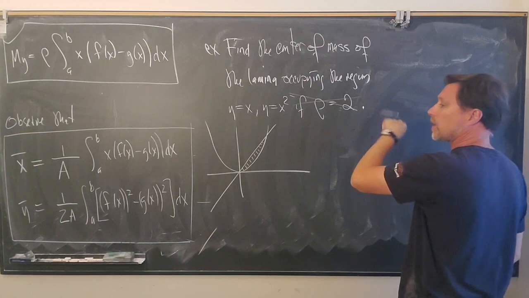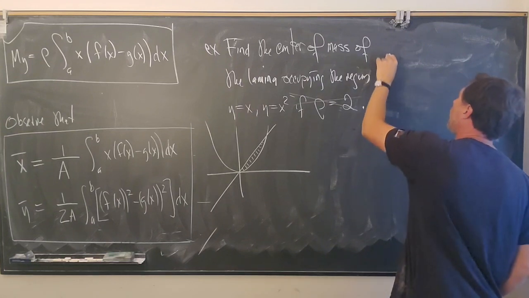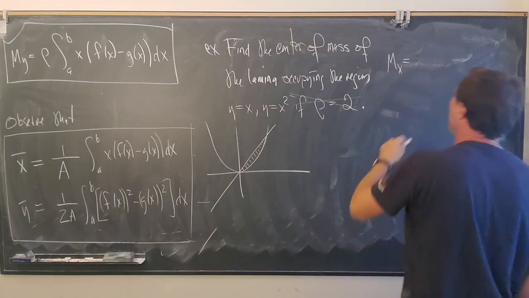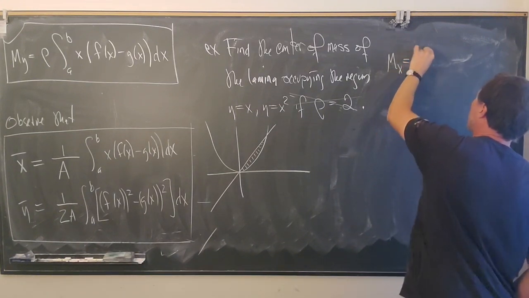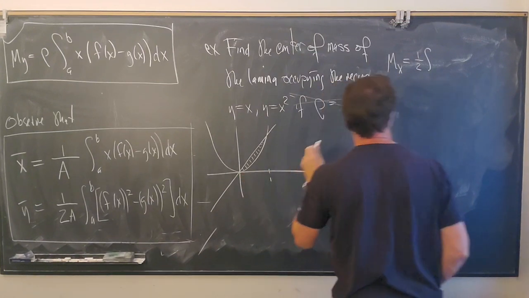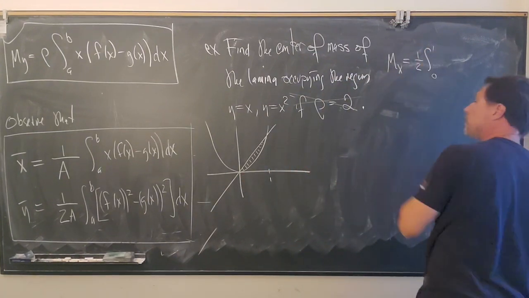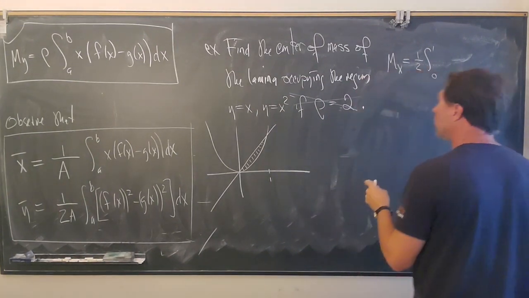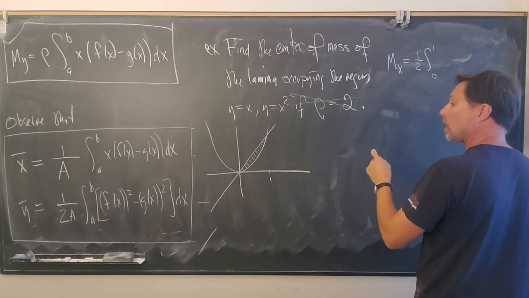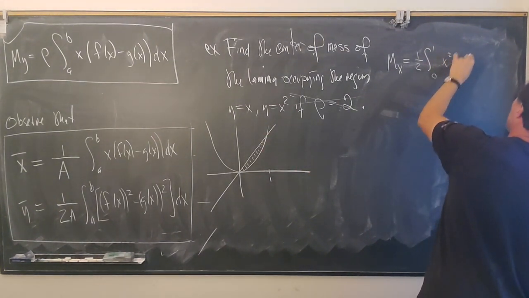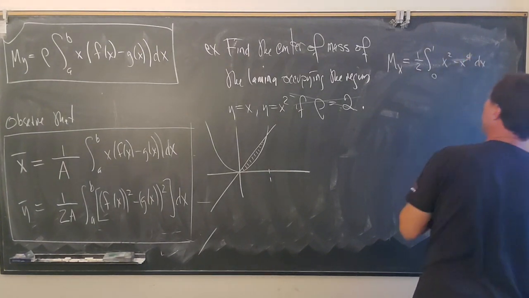So let's compute m sub x. That's going to be a 1/2 integral from, notice these intersection points are at 0 and 1, so it'll be 1/2 integral from 0 to 1 of the top function squared, that's x squared minus x to the 4th dx.